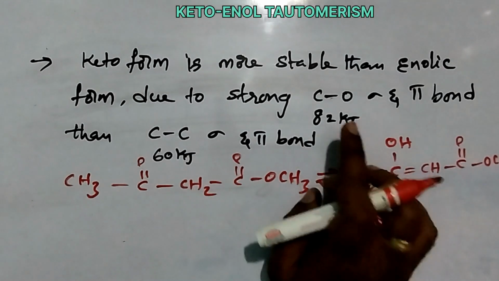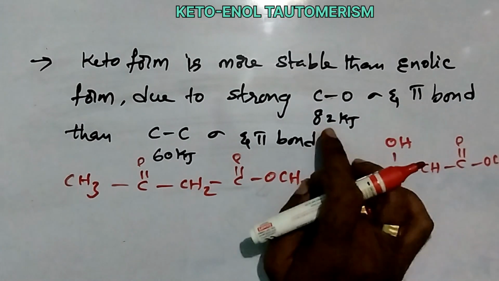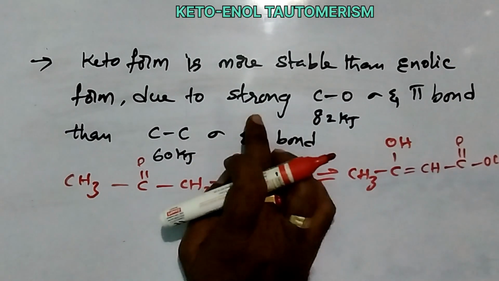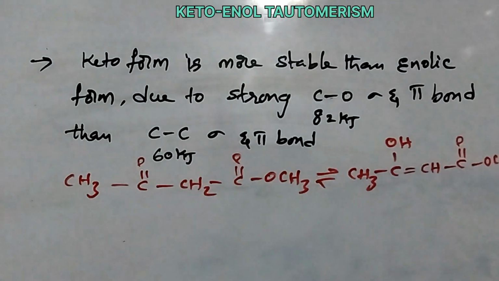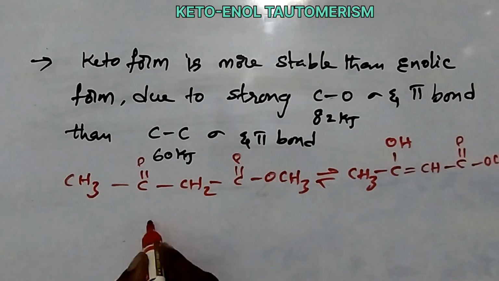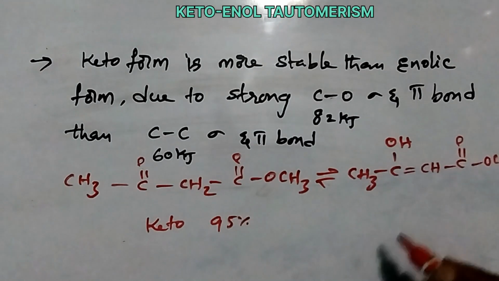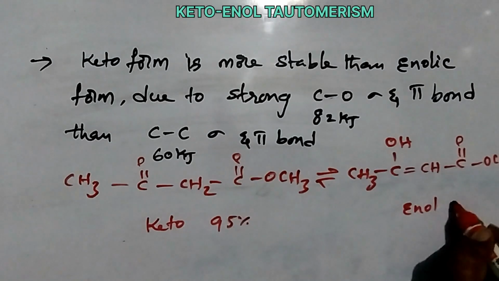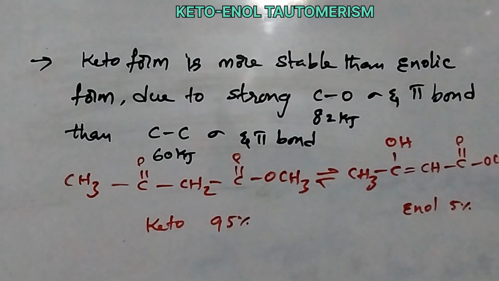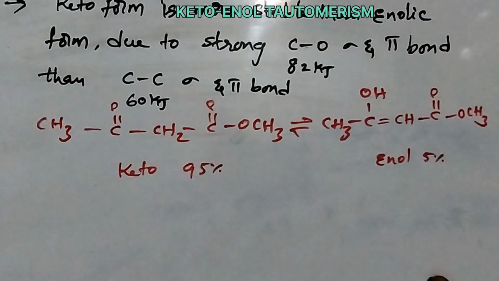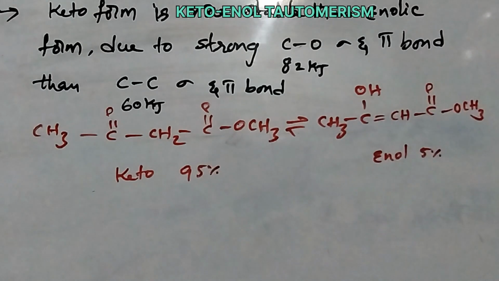As per our condition, C-O sigma and pi bond is 82 kilojoules, so it is stronger than the C-C sigma and pi bond. So this keto form is 95% stable, and the enol form is 5% stable. This is one example, and we can see another example also.